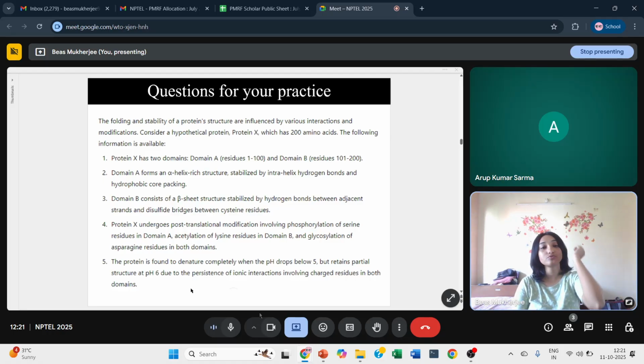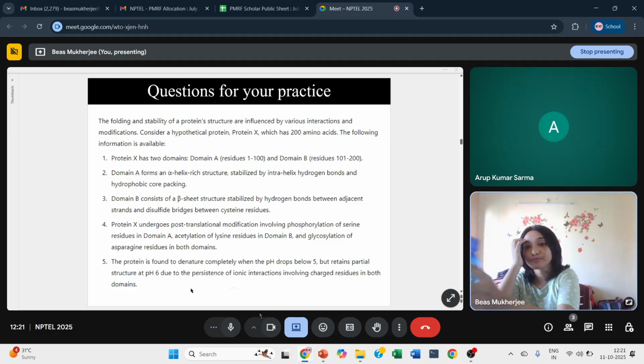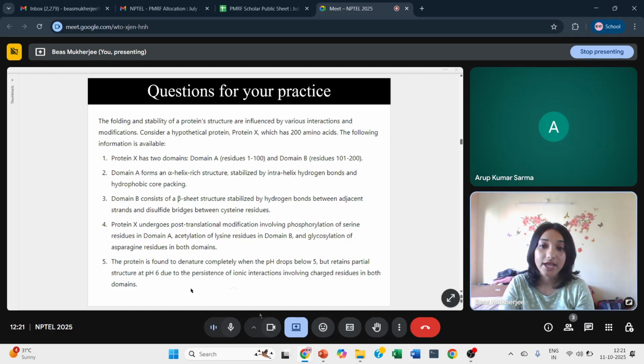Protein X undergoes post-translational modification involving phosphorylation of serine residues in domain A, acetylation of lysine residues in domain B, and glycosylation of asparagine residues in both the domains.